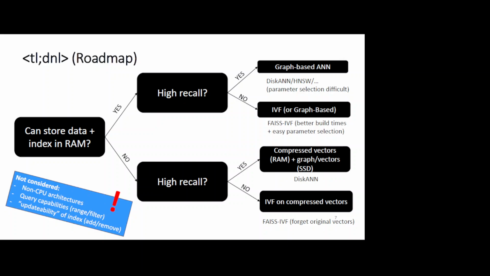First, non-CPU architecture: they don't consider GPU, only CPU. And the second is the query capabilities: we don't consider the range query or the filter query.